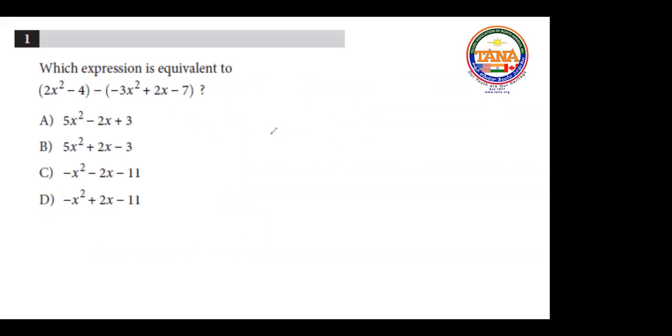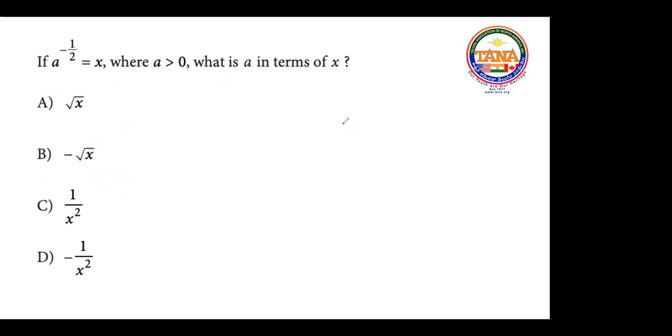I'll give you guys a minute to do this one. For the person who asked to go back and do the previous question again, it's really simple. We're trying to isolate for a, so a equals to something. You have a to the -1/2 equals to x, and I raise to the -2 because I want to cancel out the negative here and make this a 1.